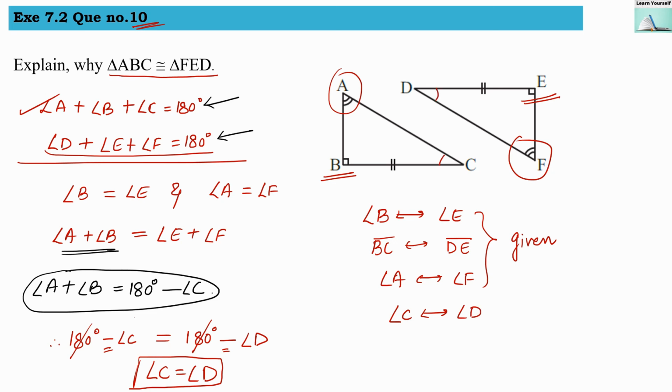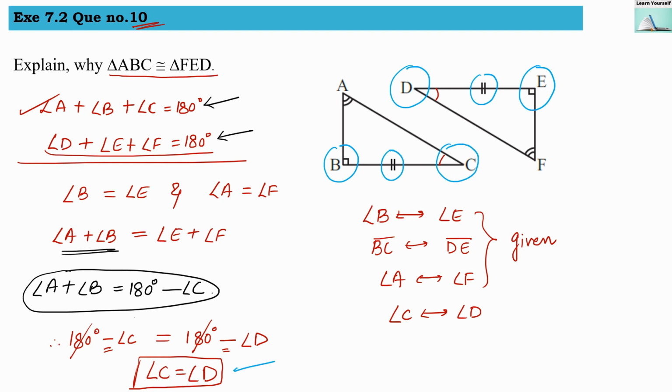So now as per the angle side angle criteria, which three criteria are we taking into consideration? This angle, then this side and this angle. This angle B, then this side and another angle, which just now we have proved that they both are equal.